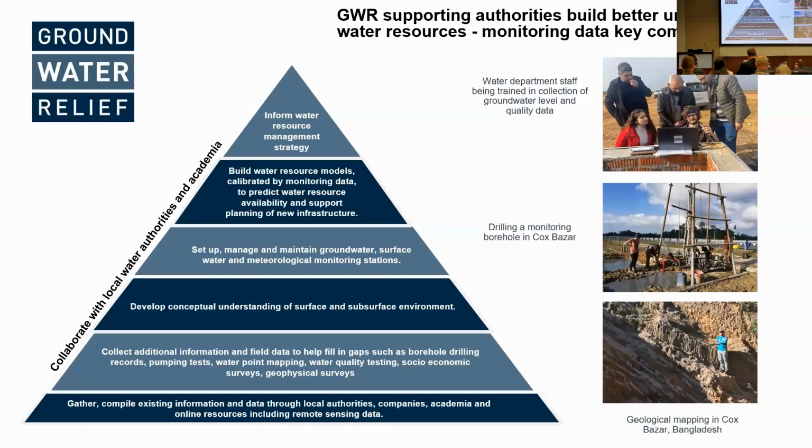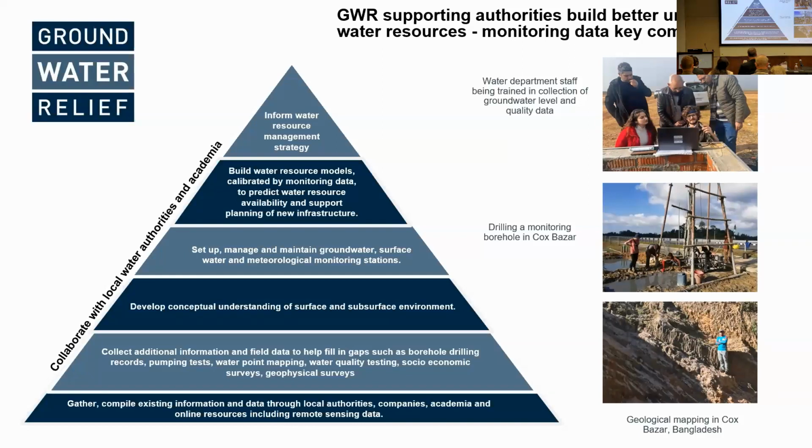including remote sensing data. Where there are gaps, we then collect field data through pilot borehole drilling, pumping tests, water point mapping, water quality testing, geological mapping, socio-economic surveys to understand water use and water needs, and geophysical surveys. Based on all this information, we would develop a conceptual understanding of the surface and subsurface environment, and then go about setting up a monitoring program to start to understand how water resources are fluctuating and changing in that system.